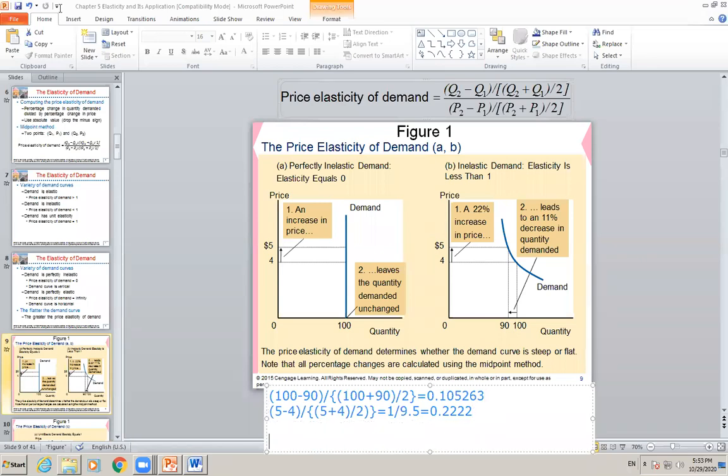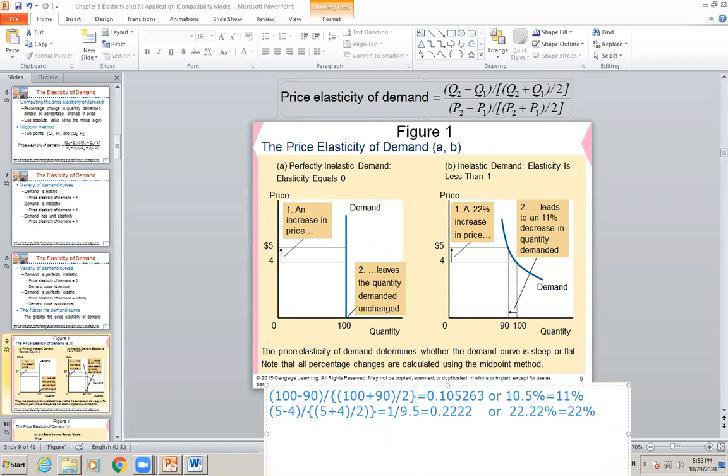And of course, to find the elasticity, we said it is the percentage change in the quantity divided by the percentage change in the price. Let's make it 10%, half, rounded to 11% like here, and this is 22.20 percent, rounded to 22%. I'm just rounding as in the book, okay? This is how we calculate.